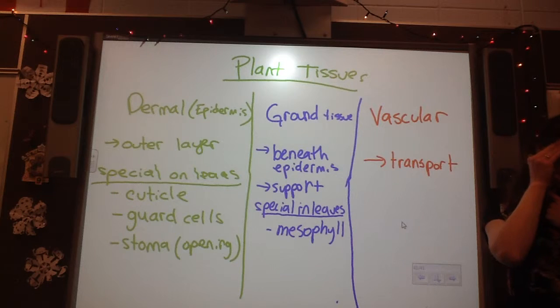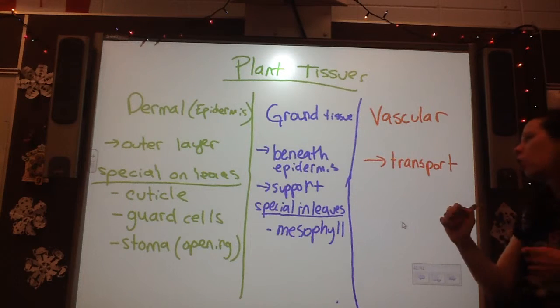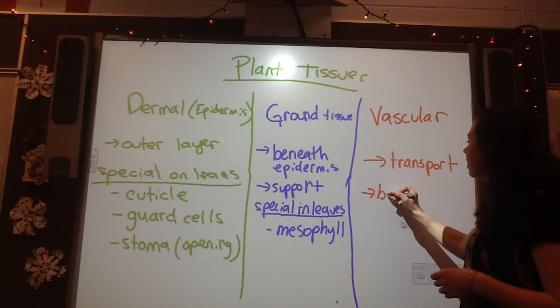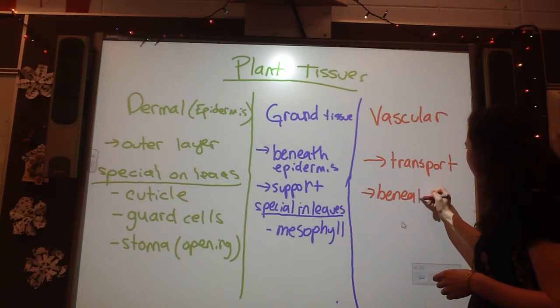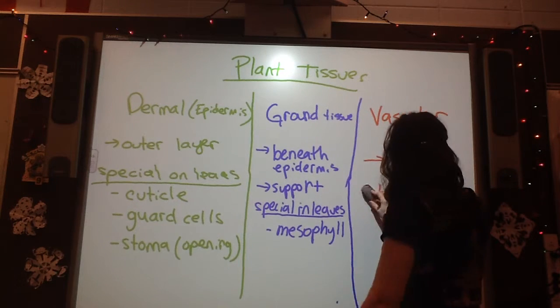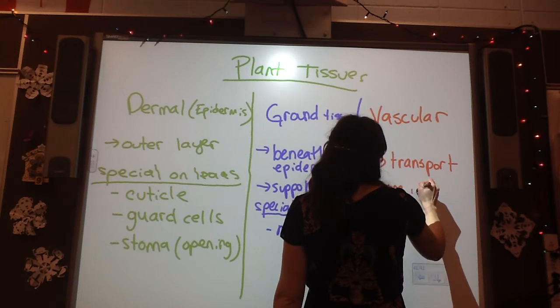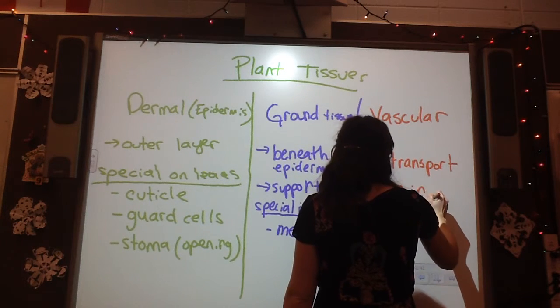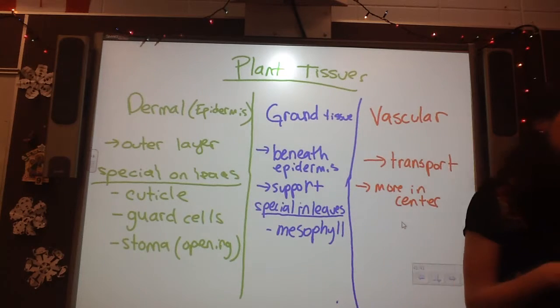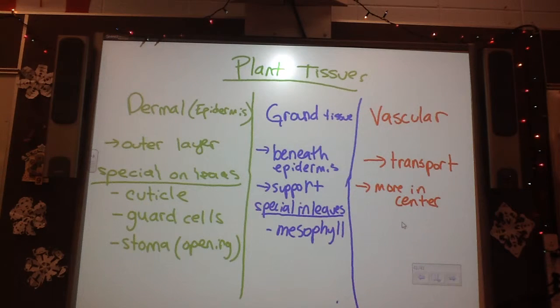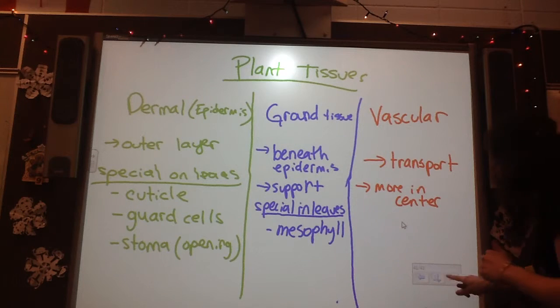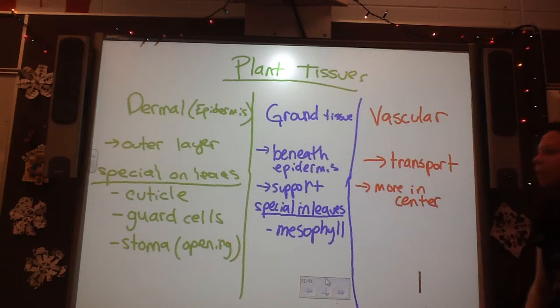So you can't really say it's the outer layer. No, let's say more in center. You don't have to know, but it's a good question. It's actually interesting how it changes from the root to the leaf, just like trees, the ring.